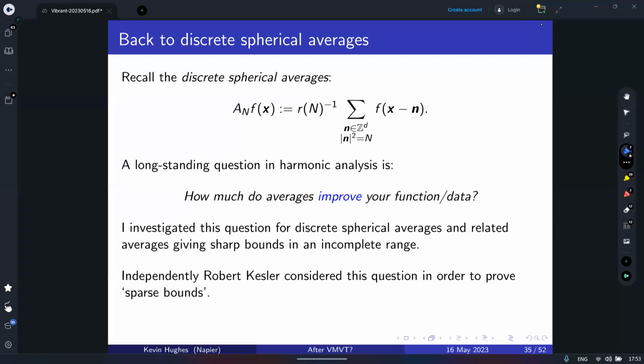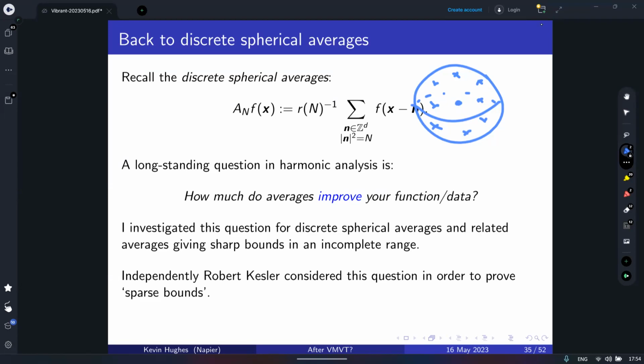Again, I've taken my point in space and I take a big sphere and I look at all the integer points on there. And now I have some function defined on all of the space, and I just sample at the points on that sphere. I replace every center by whatever the average is over all the points on that sphere.